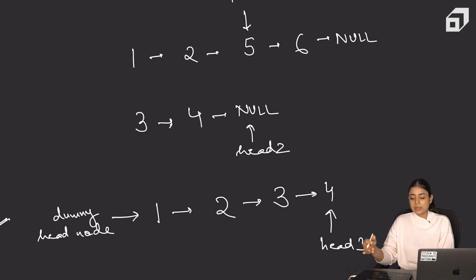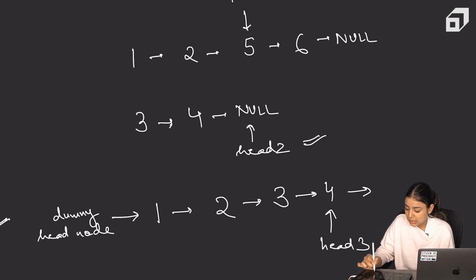I cannot compare head 1 and head 2 values because head 2 has become null, right? So whenever any of these pointers, head 1 or head 2, become null, that's when we just make head 3 point to head 1, which is not null.